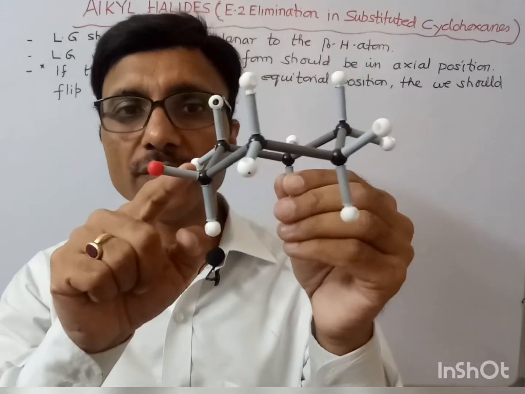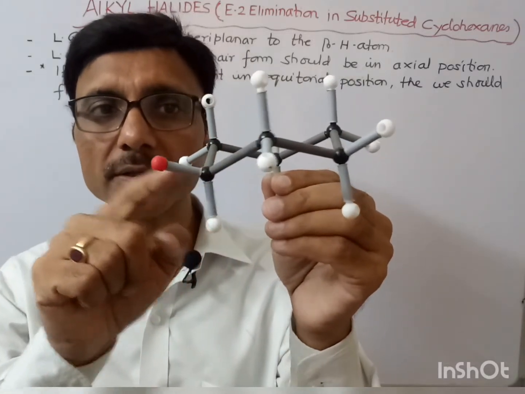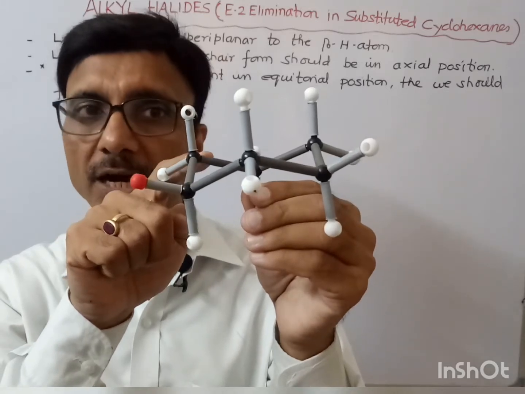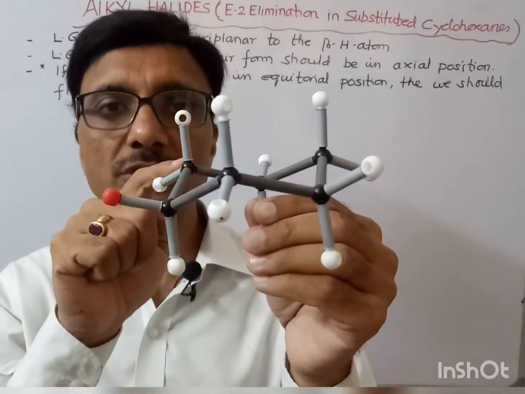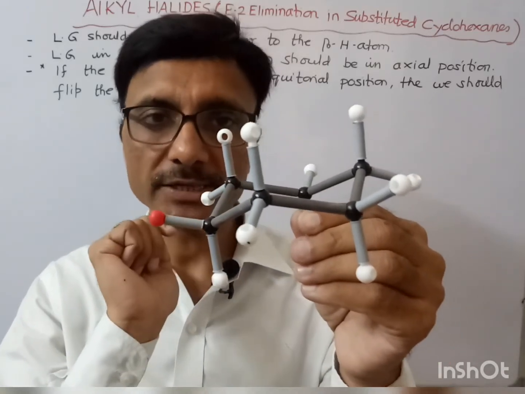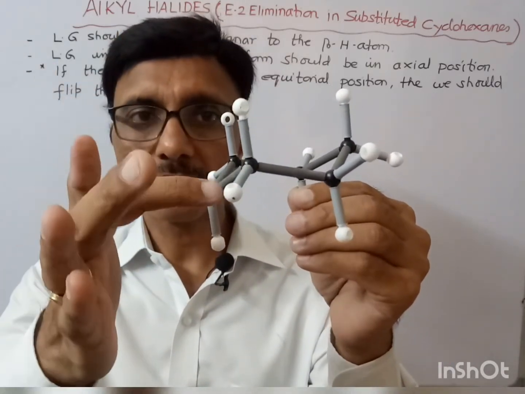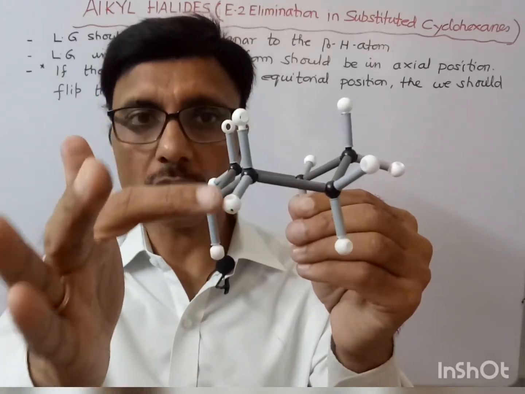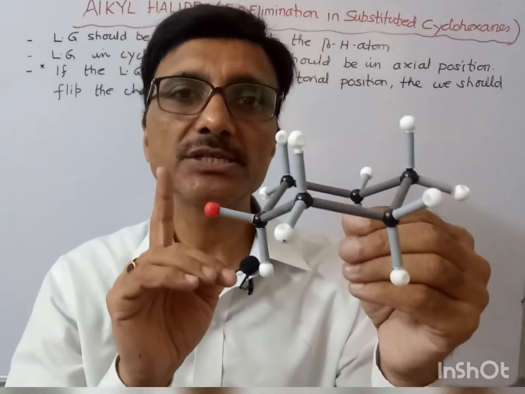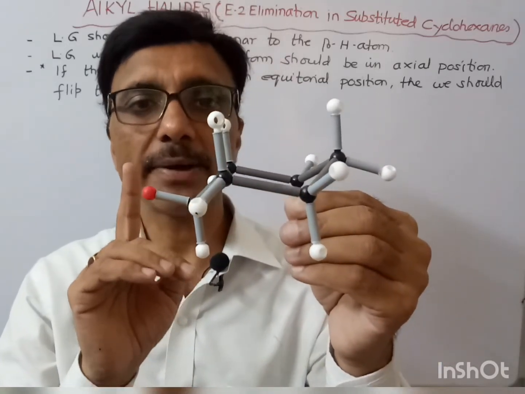If this is your alpha carbon, then this would be the beta carbon, as well as this would be the beta carbon. Two beta carbons are there, and the hydrogens attached to these beta carbons are the beta hydrogen atoms. Whether these beta hydrogens can be removed or not, the condition is that they should be anti-periplanar.